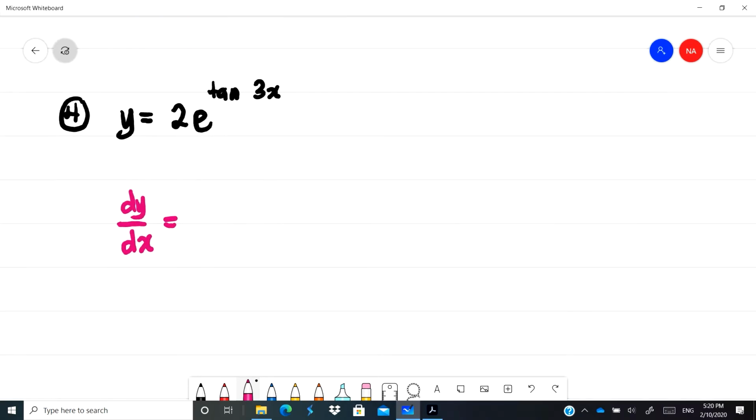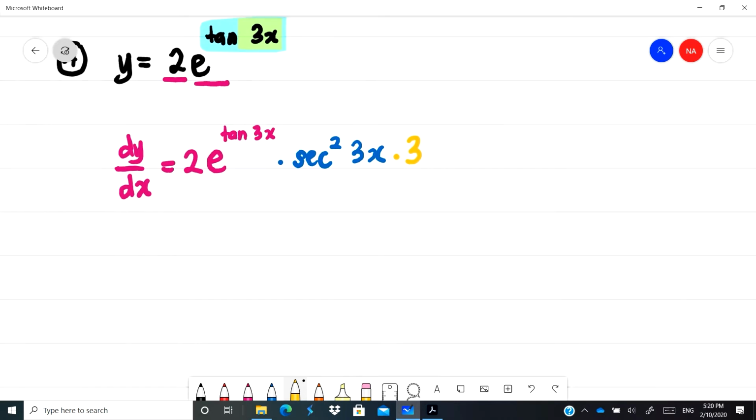We have this. Firstly, that 2 is a constant, so you just copy the 2, and then you differentiate the e, so you just copy the whole thing, e to the power of tan 3x. But now it is tan 3x, it is not x, so you have to differentiate tan 3x. Differentiating tan will become sec squared of 3x, but now it is 3x, so you have to differentiate that 3x, which will give you 3.